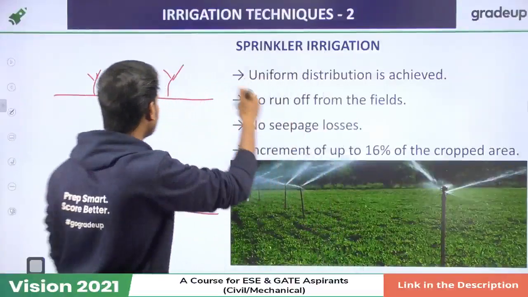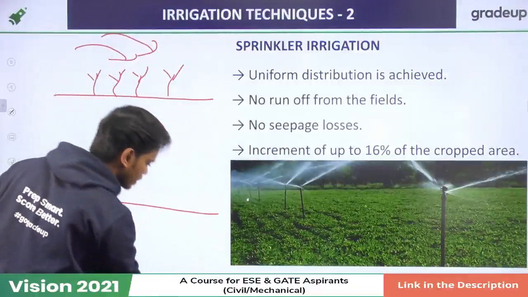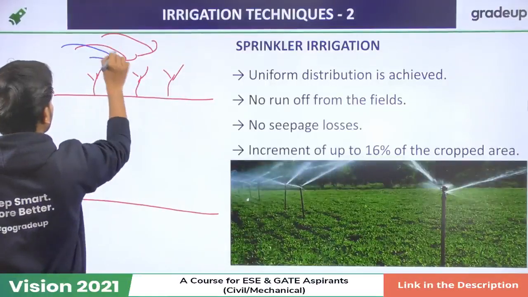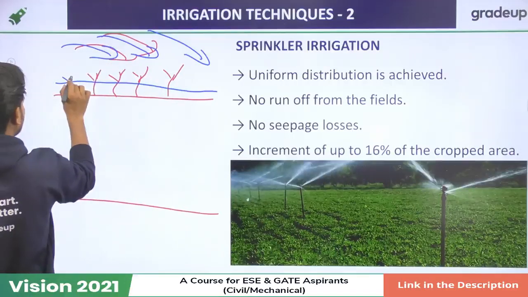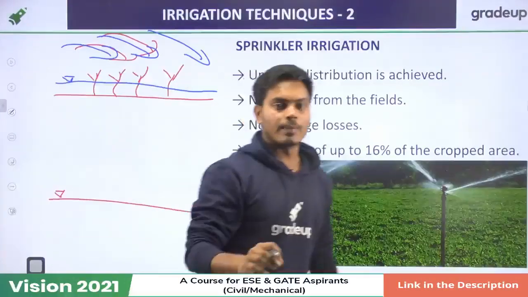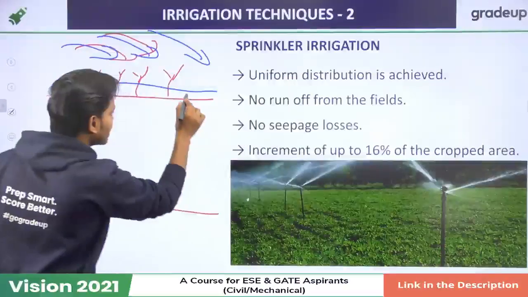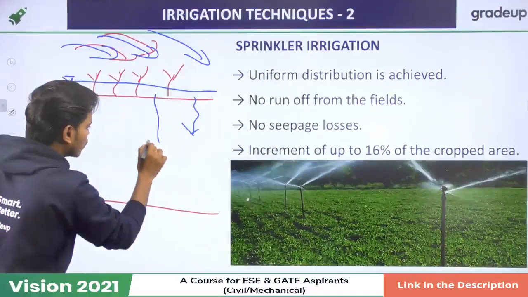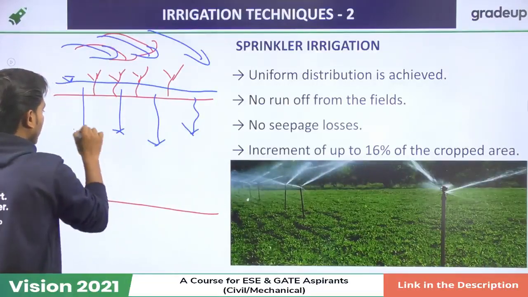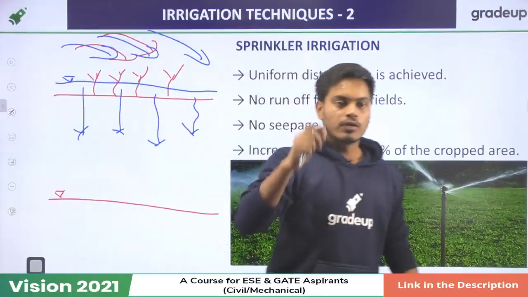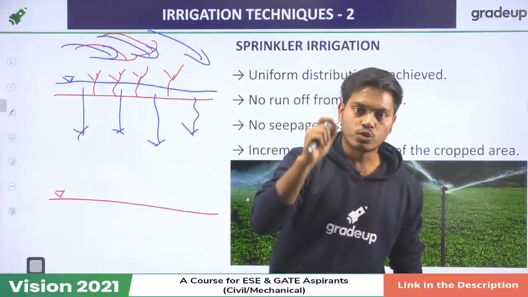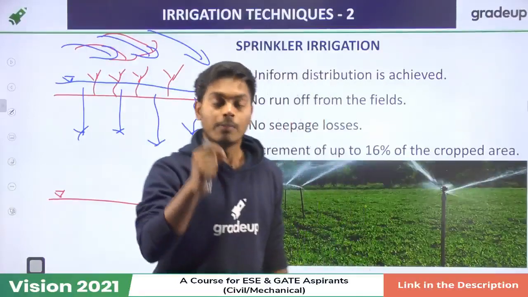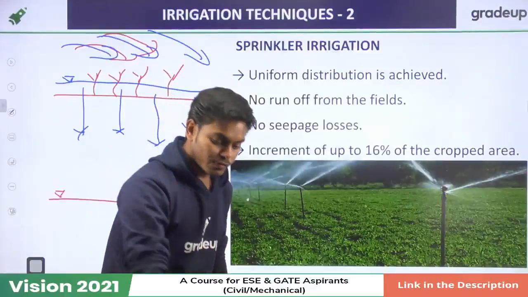As soon as I apply irrigation water on the field, water will come here. Eventually it will start seeping inside, going downwards. One amount of the excess water will be what the crop is going to use for its growth, but there will also be some amount left.